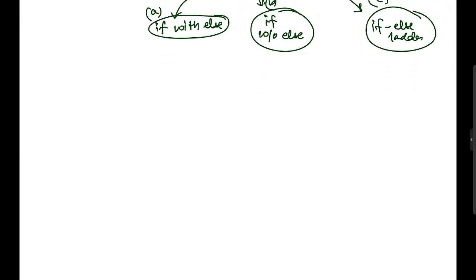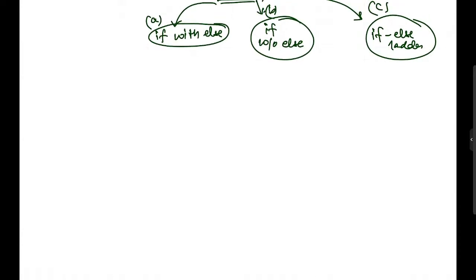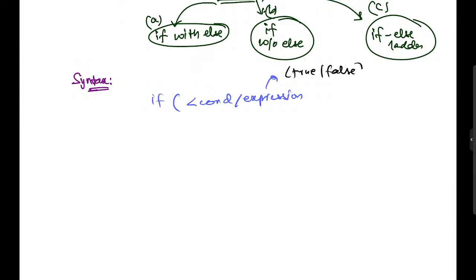The syntax is very simple. What we generally write is if, and we write a condition here, or an expression. The expression should provide true or false, basically a Boolean expression.